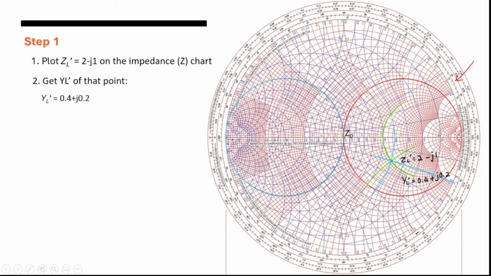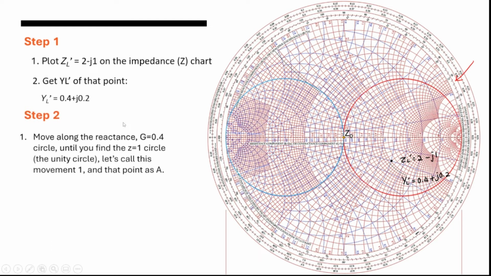Now the next step is to move along the constant conductance G equals 0.4 circle until you find the Z equals 1 circle, the other name for it is the unity circle. Let's call this movement 1 and that point A. So what does it mean?